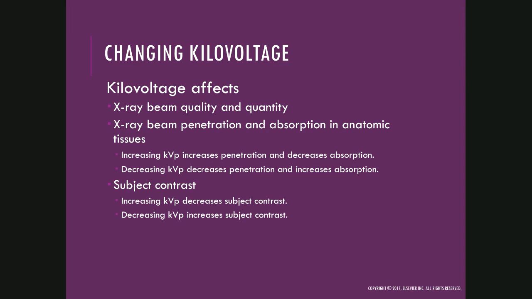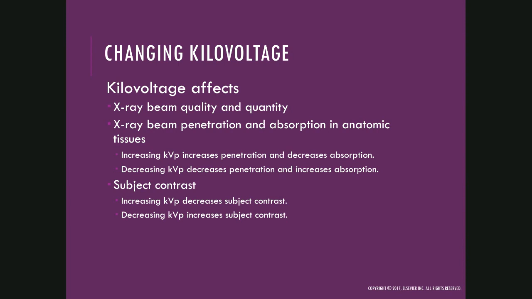Remember that X-rays move at the speed of light, period, end of story. No faster, no slower. Their speed is set, it's always 3 times 10 to the 8th meters per second. They can carry more or less energy at that speed. So that's what your kilovoltage is affecting.